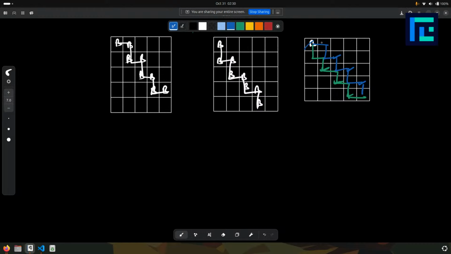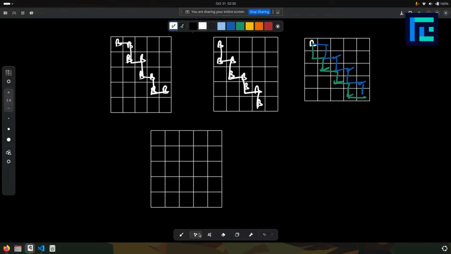Now, apart from these cells, is there any other cell that we can color using this black cell? What if the other black cell is given in this cell? Is there any way we could have colored that? We could have connected without forming this horizontal line.